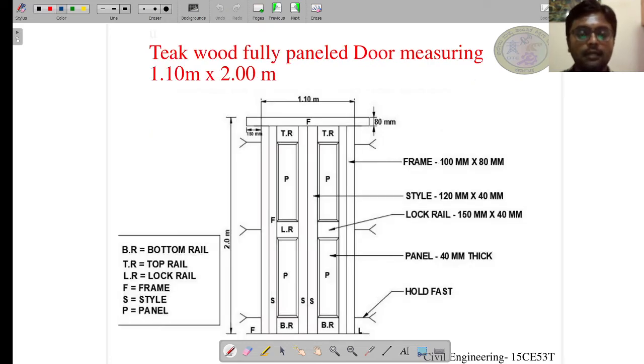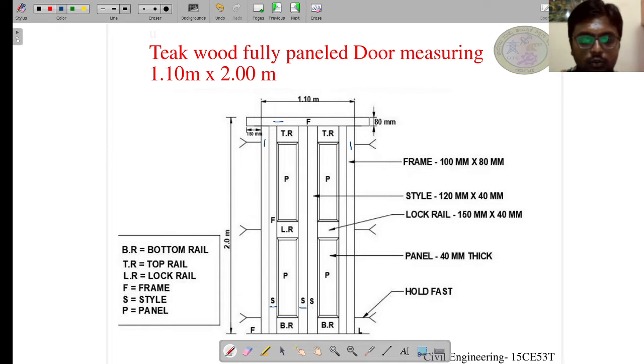So let us start with the rate analysis of fully paneled door. Before starting, let us study the schematic diagram in detail first. As you can see, you have head and two vertical posts which make up the frame of the door, and also we have shutter with four stiles.